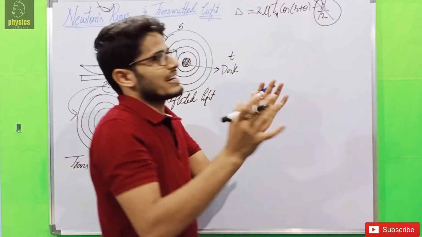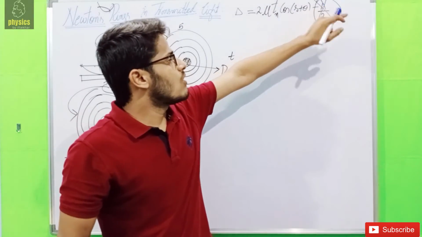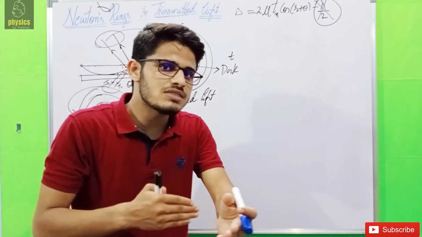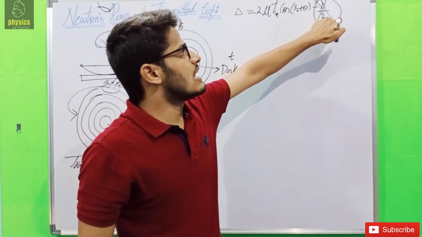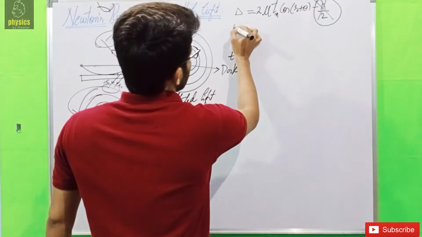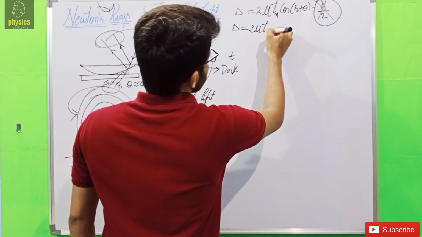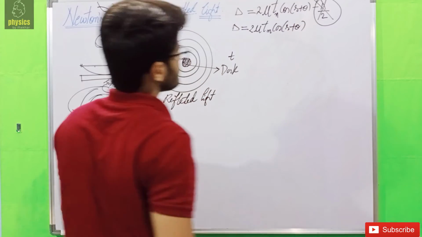No need to take that term, because if the first reflection produces this path difference of lambda by 2, when the same thing happens again, that will cancel this lambda by 2. So as a whole we will be left with 2 mu t sub n cos(r plus theta).